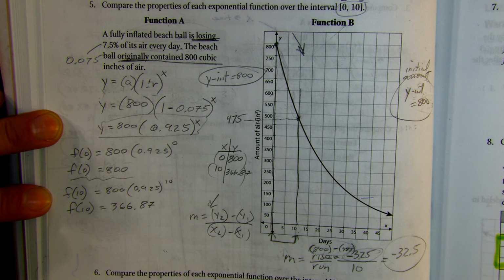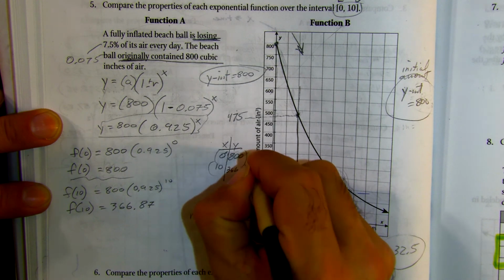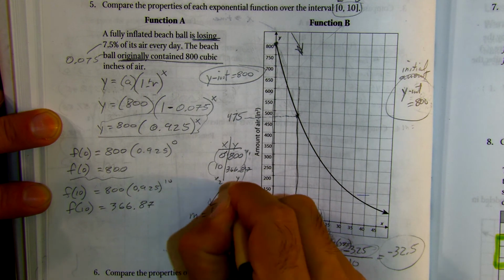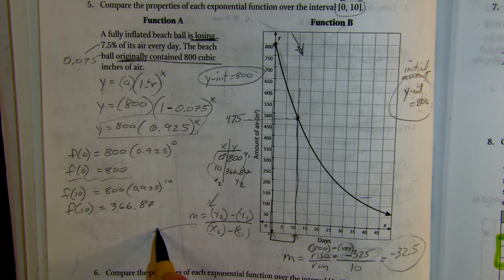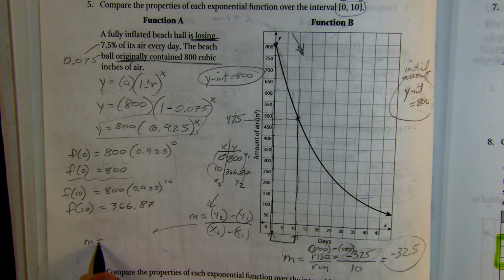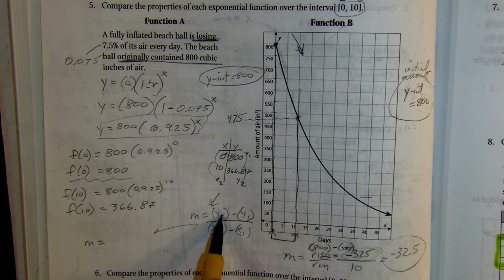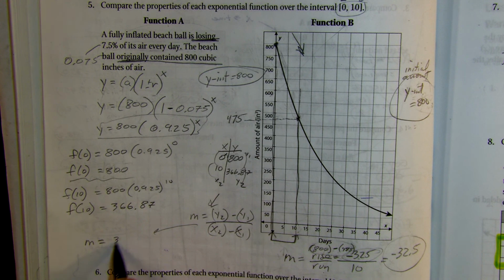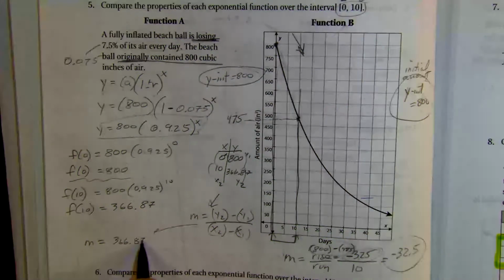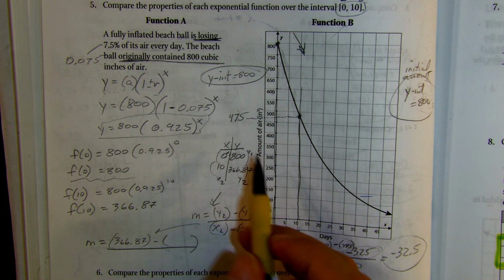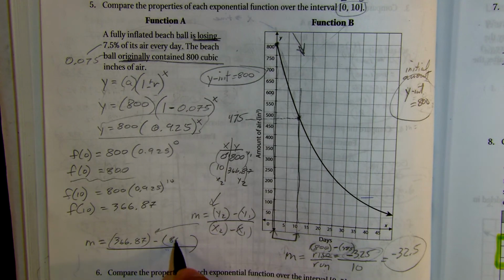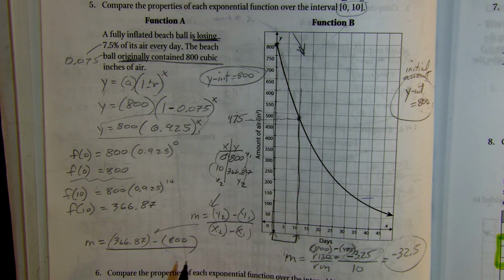All right, now I have my points. Let's label them. x1, y1, x2, y2. Last step, we're going to plug in here and find our slope and compare them. Y sub 2, 366.87 minus y sub 1, 800. It's going to be negative. Okay.